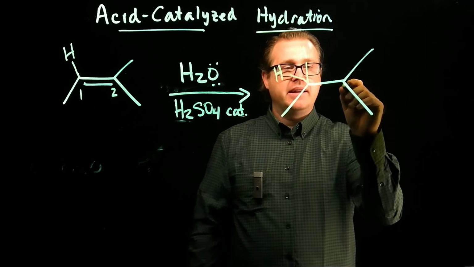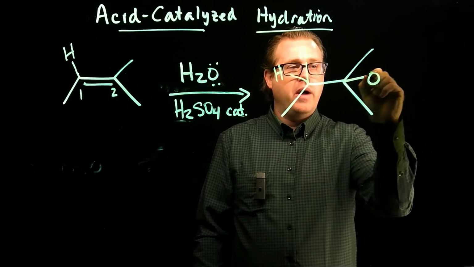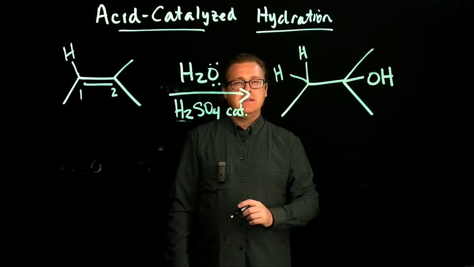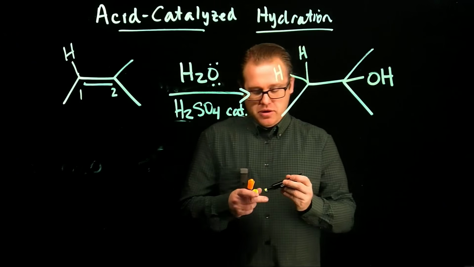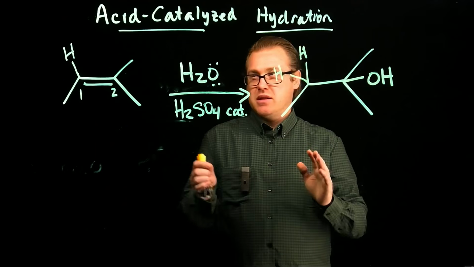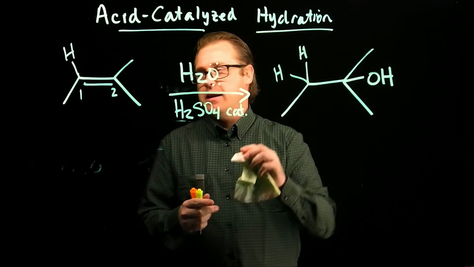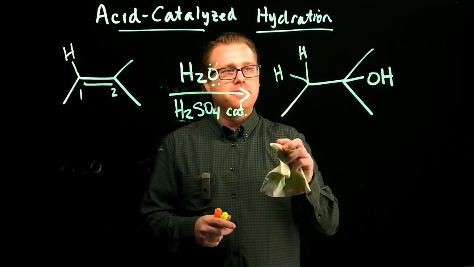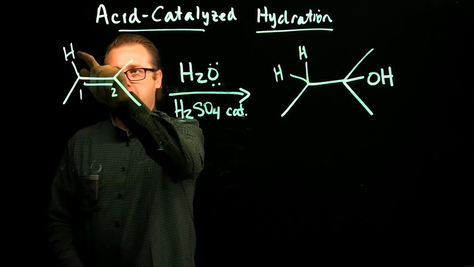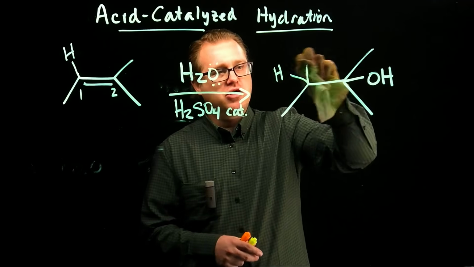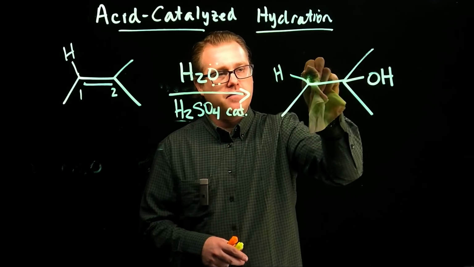And then by default, the OH is going to go there. Now, this may not be making complete sense quite yet, but bear with me, okay? This hydrogen right here is that hydrogen there. And I'm not going to draw that in for right now.